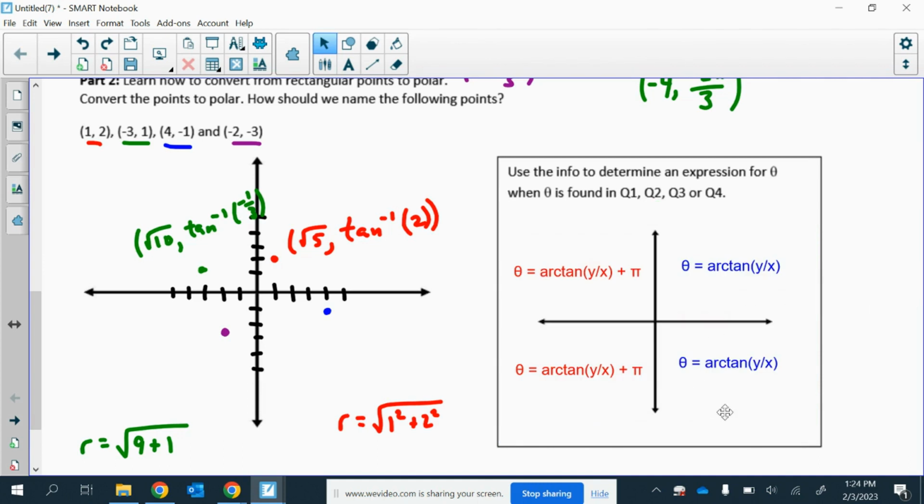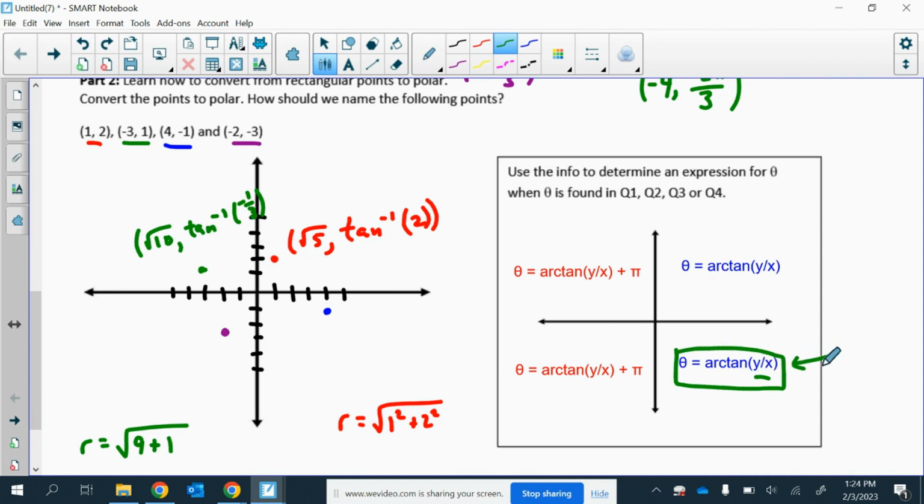Arctangent only shows up in the first and fourth quadrants. So if I need something in the second quadrant, I have to realize that putting a negative y over x into arctangent gets me an angle in the fourth quadrant. And if I want an angle in the second quadrant, I have to add pi. So it's arctangent of negative 1/3 plus pi.